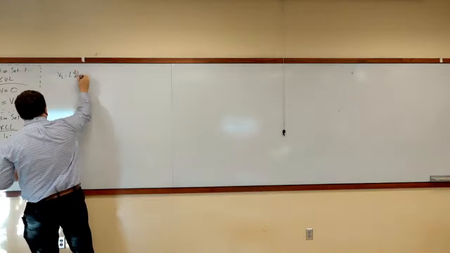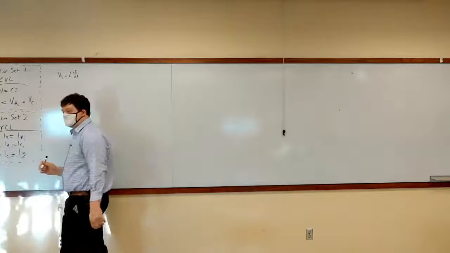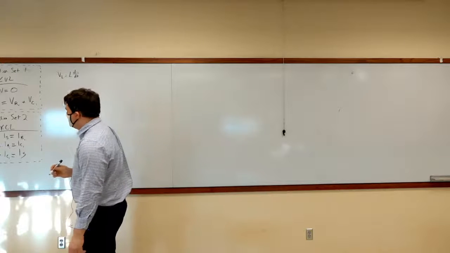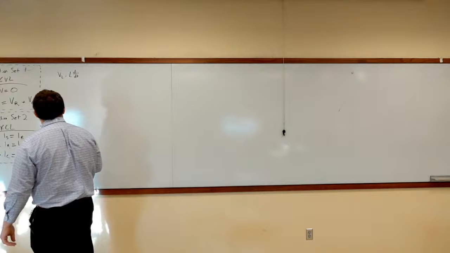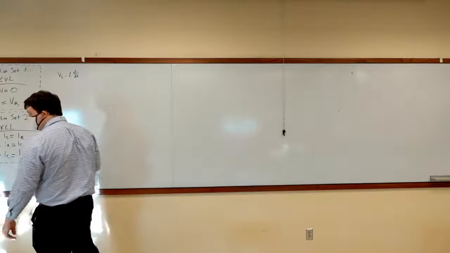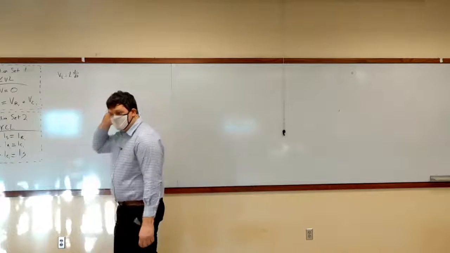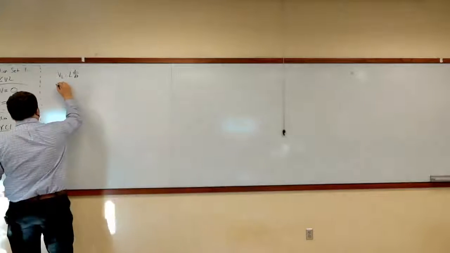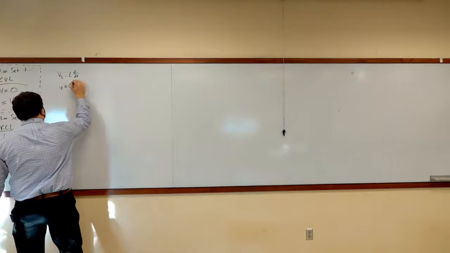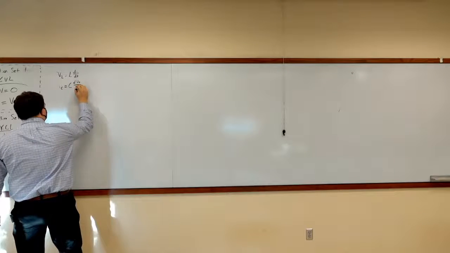Okay, that was one of the ones you said. V equals L di over dt. Yeah, that's the same equation. Yep, and then I equals C dV over dt. IC equals C dVC over dt.